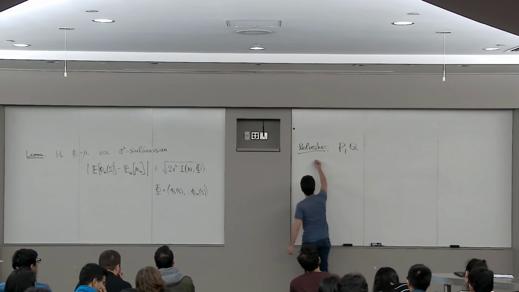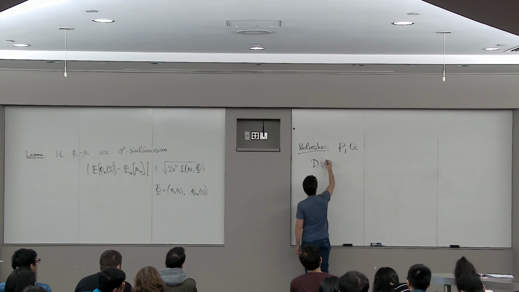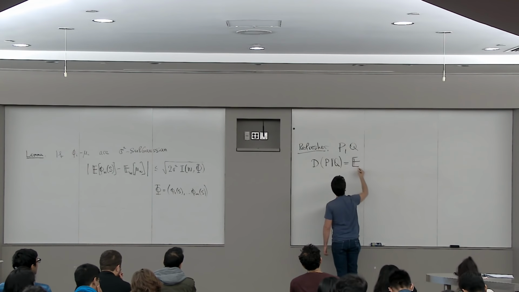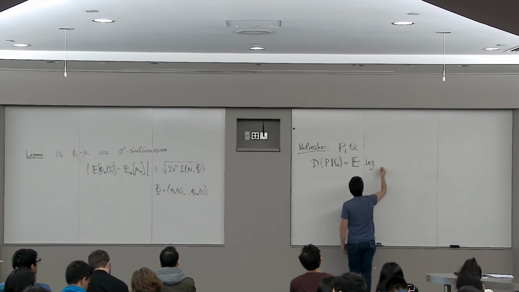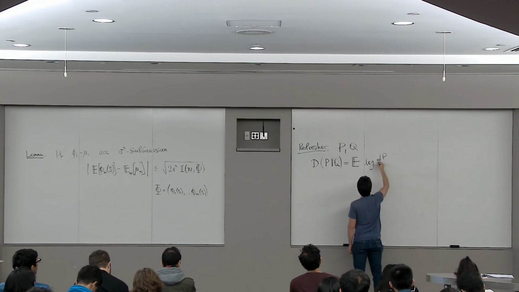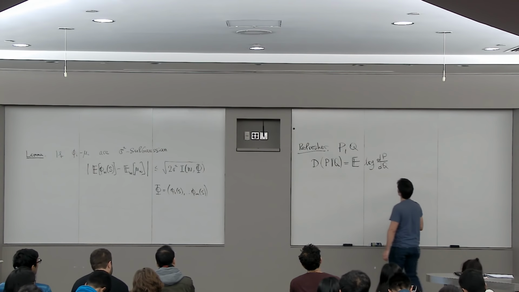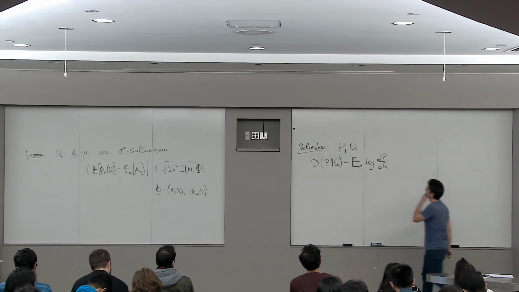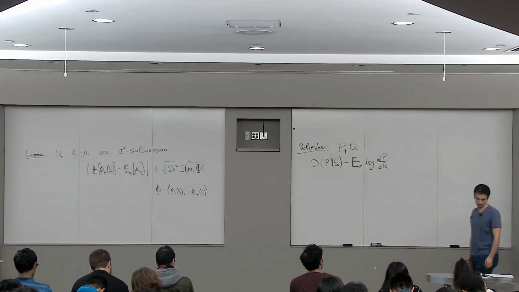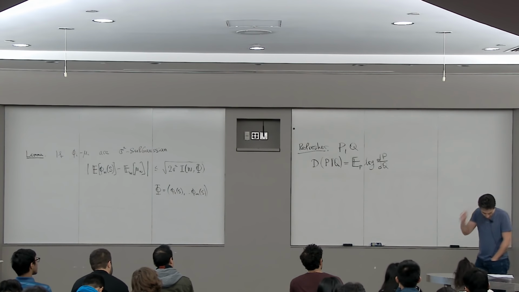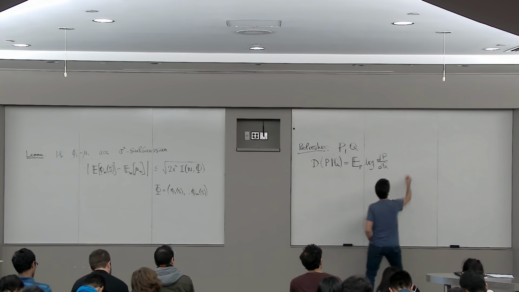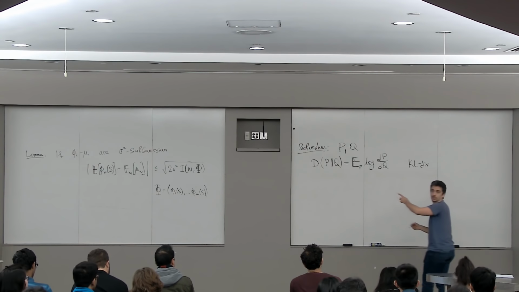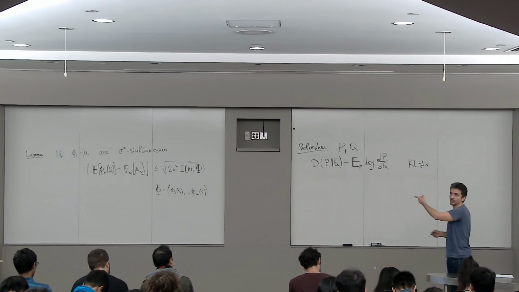So one is KL divergence. The KL divergence between P and Q is just the expected log of dP over dQ, where the expectation is under P. It's not symmetric, so D(P||Q) is not the same as D(Q||P).